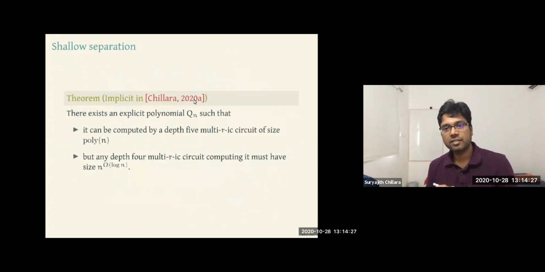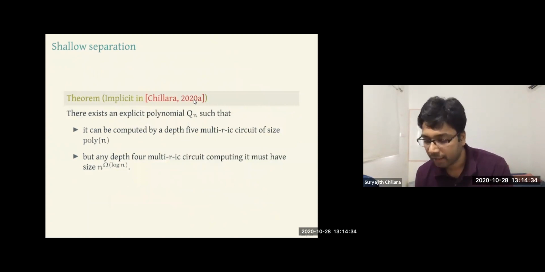One offshoot of this is we show that there exists an explicit polynomial Qn that can be computed by depth 5 circuits which are syntactically multilinear. But any depth 4 syntactically multilinear circuit computing it must have super polynomial size.